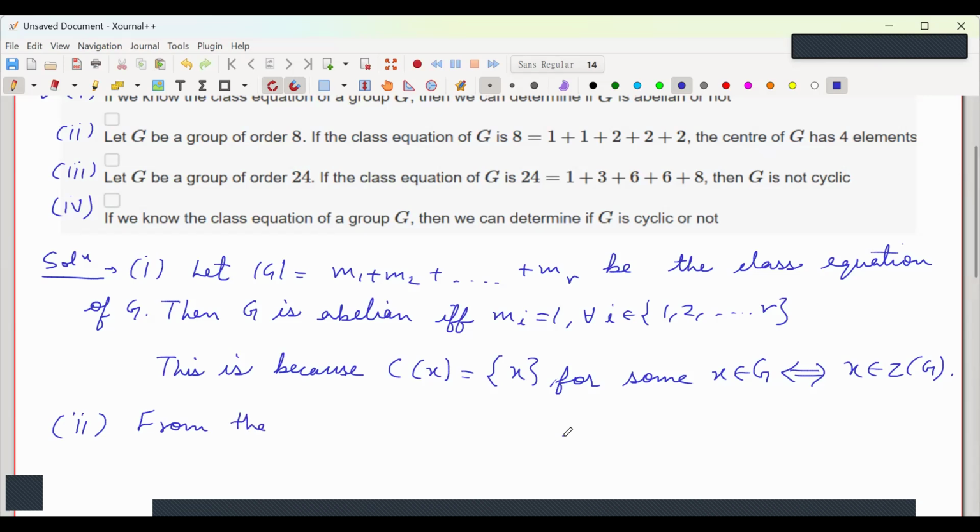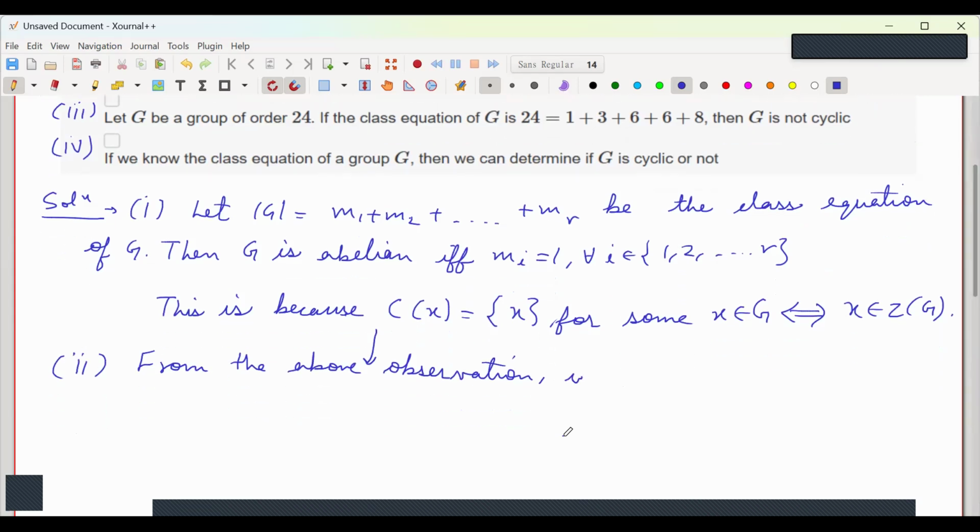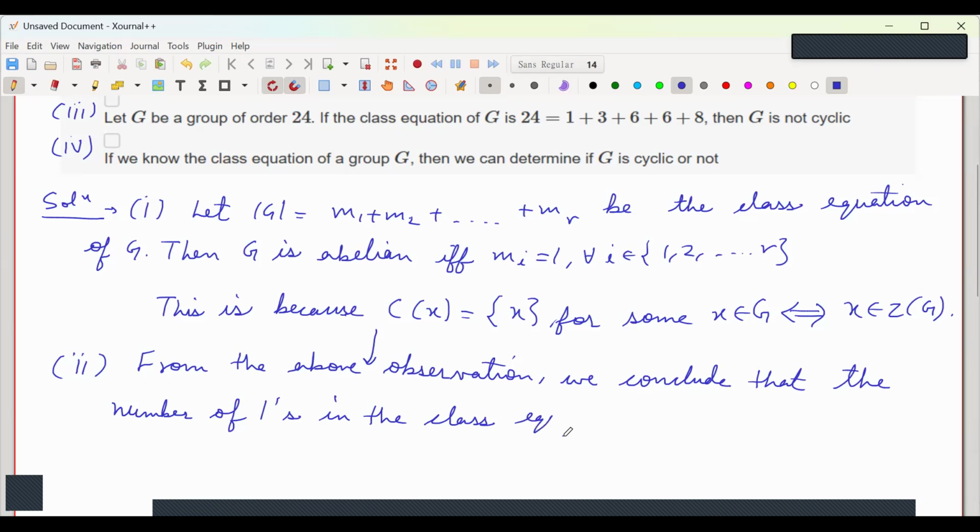From the above observation, we conclude that the number of ones in the class equation of G is the same as the order of the center, right?